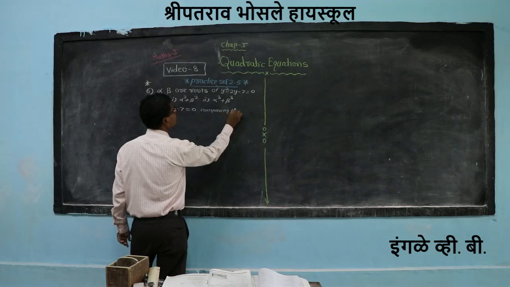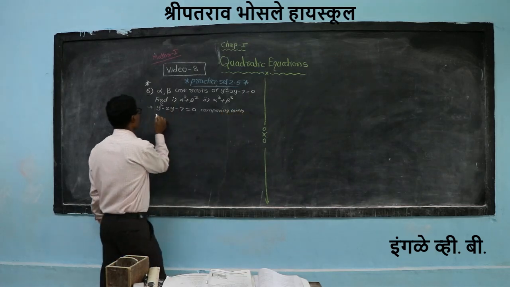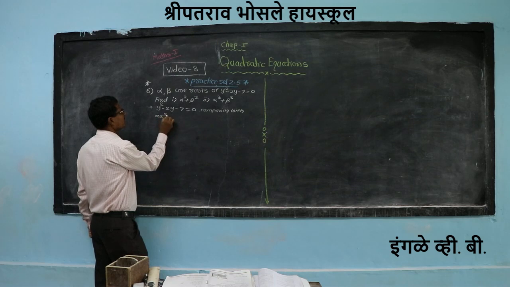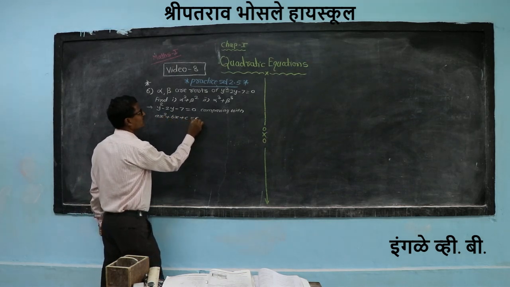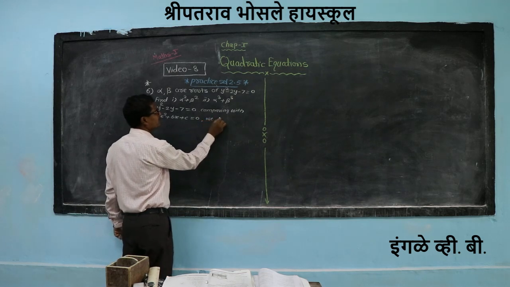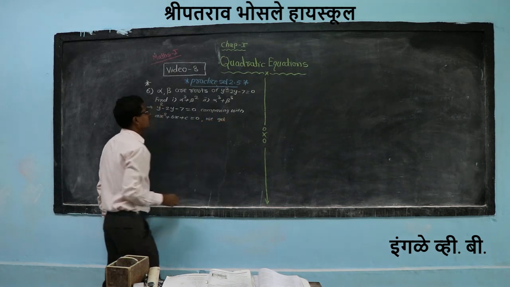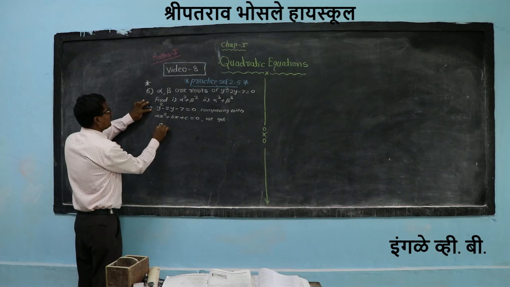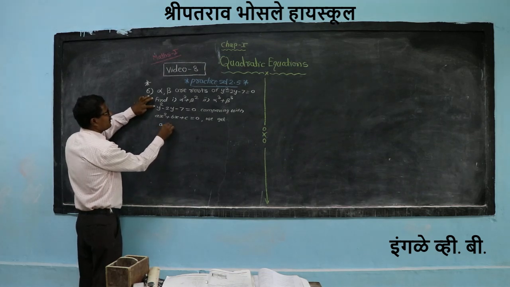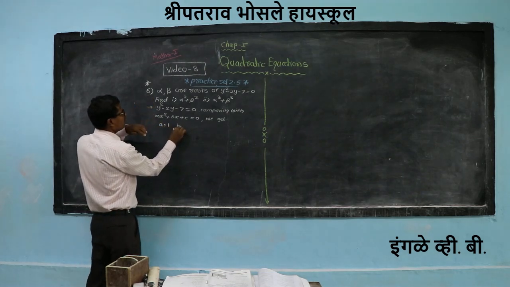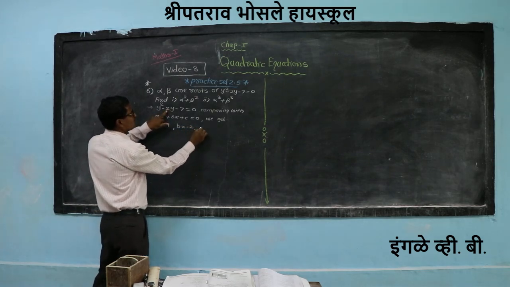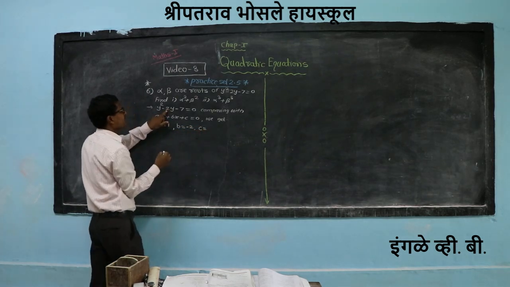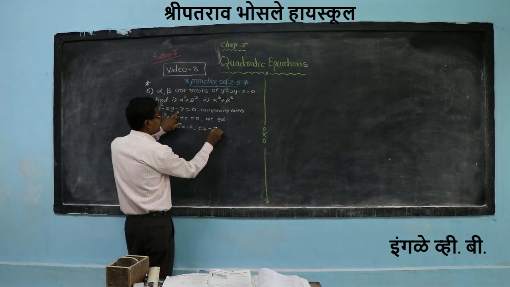Comparing with ax square plus bx plus c is equal to 0, we get the quadratic coefficient a is 1, the linear coefficient b is minus 2, and the constant term or free term c is minus 7.